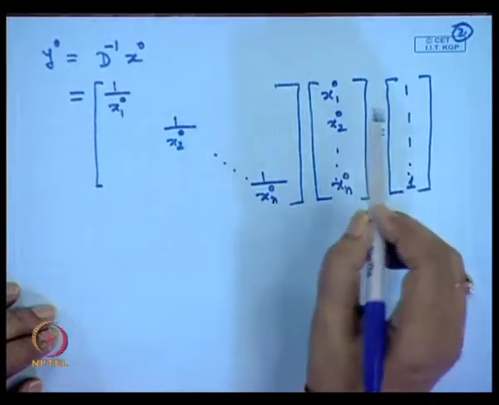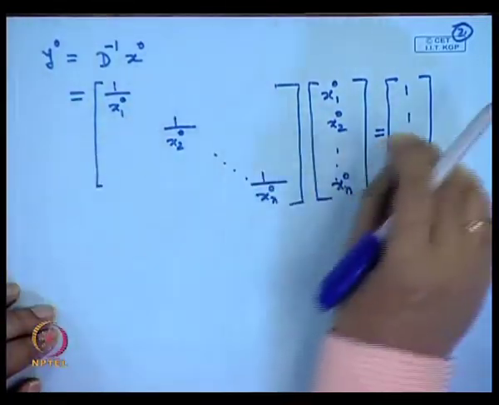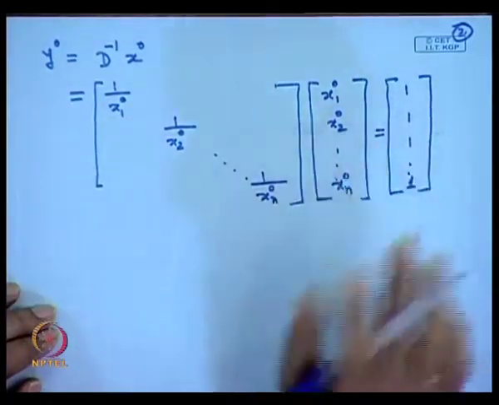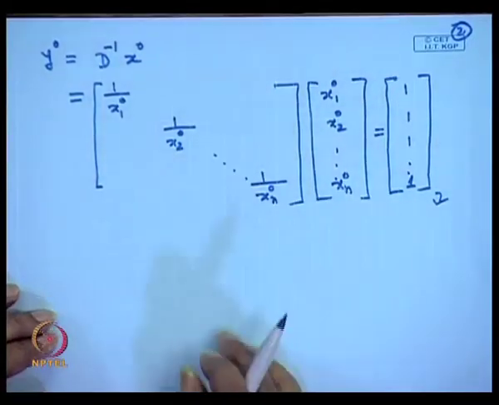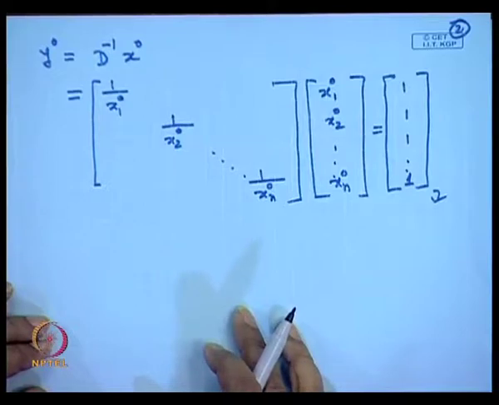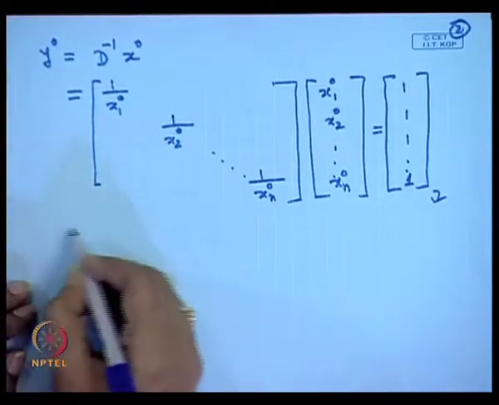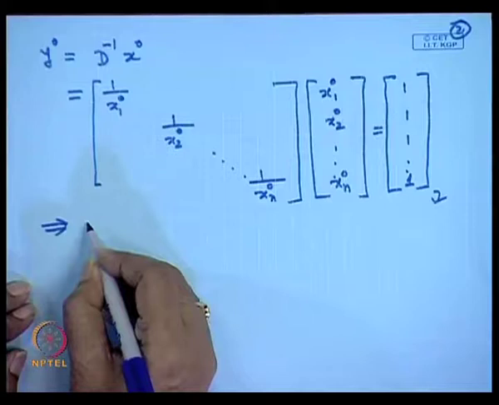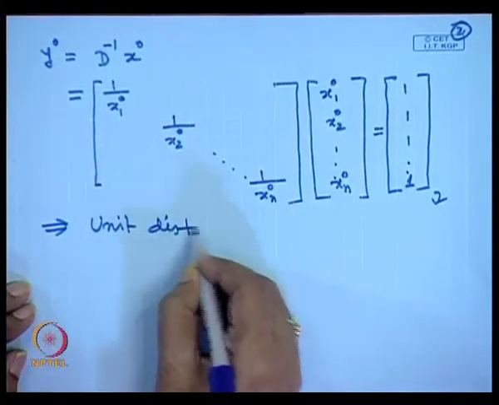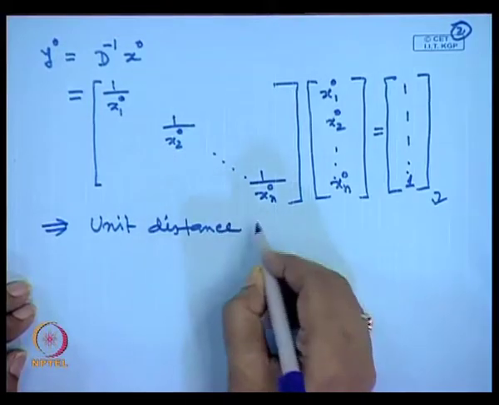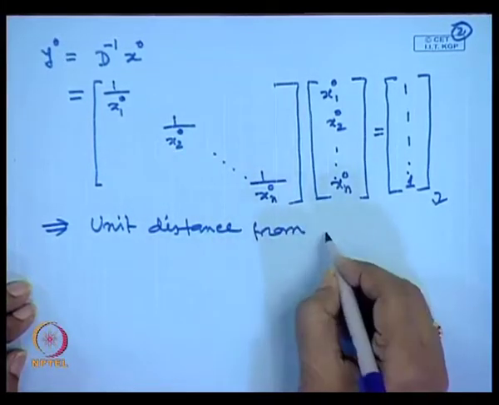So, that point in the coordinate axis is equidistant from each axis. So, it is now a centered point in the transformed axis. So, you can write, this implies the unit distance from each coordinate axis.